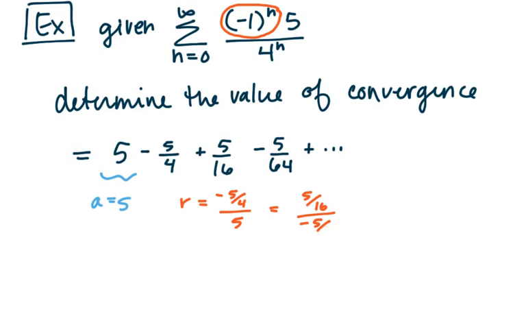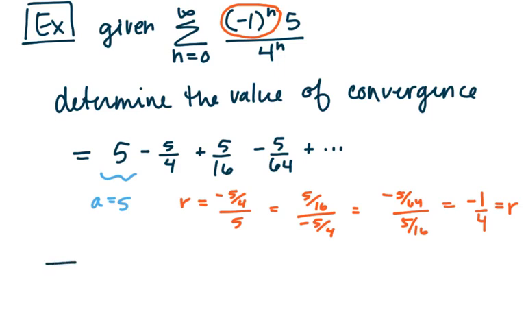And these are all going to be the same. If they're not the same, this is not a geometric series. So the last one that we could do would be -5/64 divided by 5/16. And in all these situations, it simplifies down to -1/4 to be our common ratio.